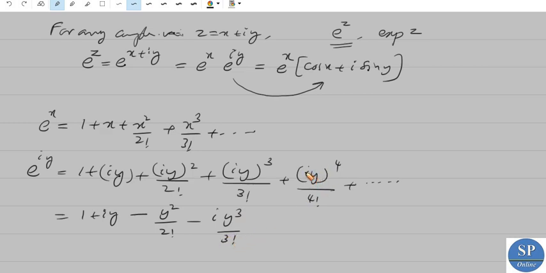Now i power 4: i square is negative 1, so i power 4 is plus 1, so y power 4 divided by 4 factorial. The next term will be i power 5, i into y power 5 divided by 5 factorial.